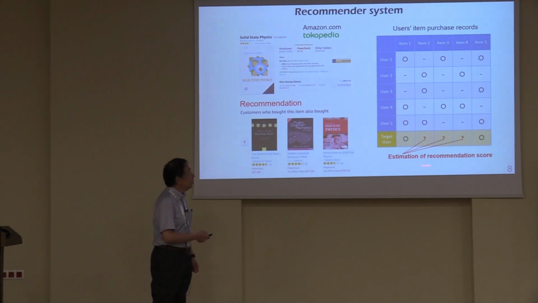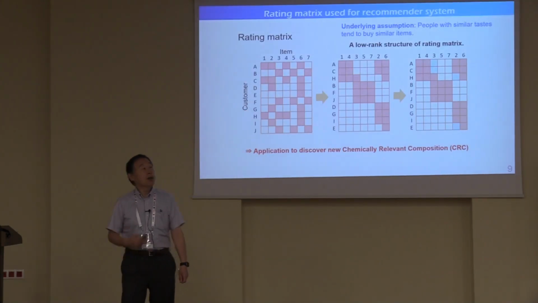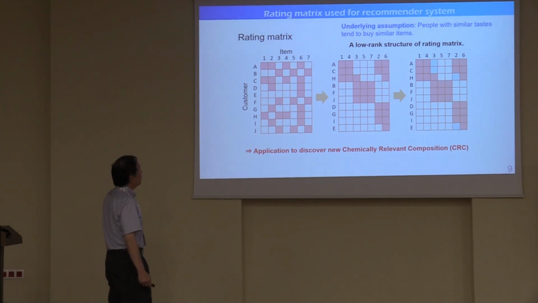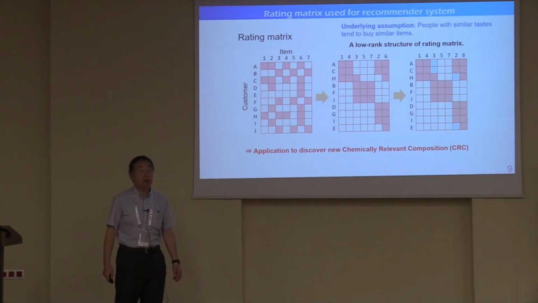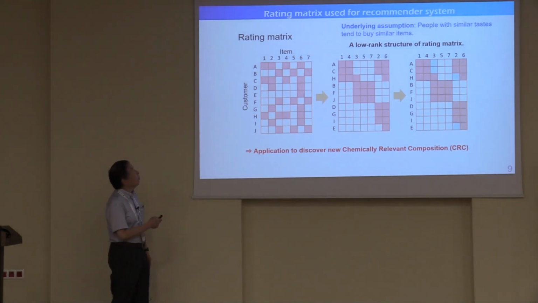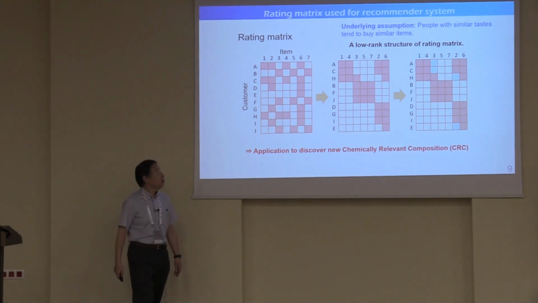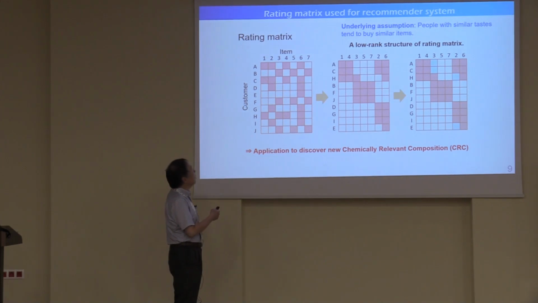So we use this technique for the search of CRC, chemically relevant composition. The technique is very simple. This is the rating matrix, or customer's purchase record. What they do is based on the assumption that people with similar taste tend to buy similar items.